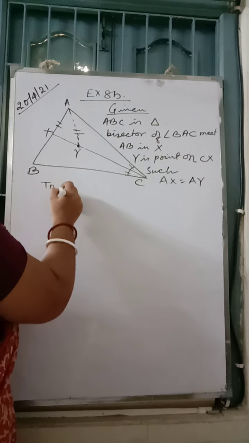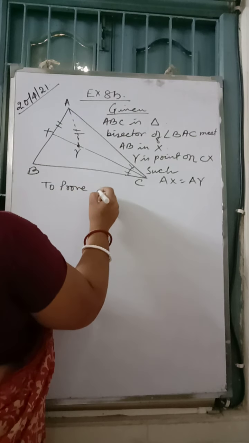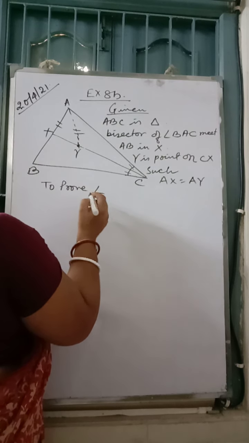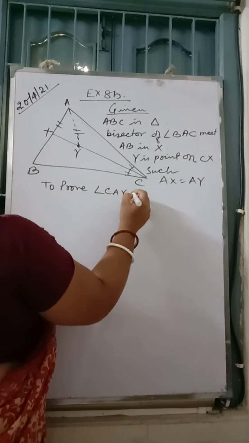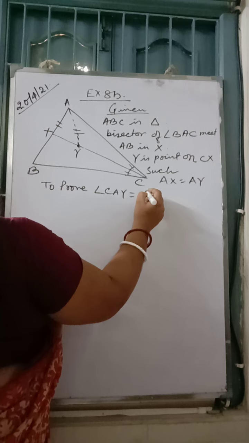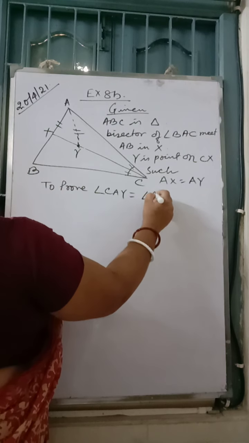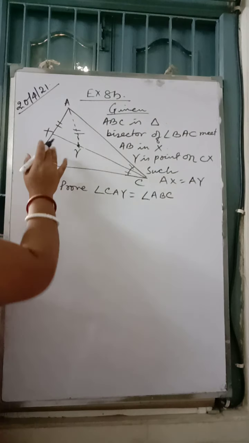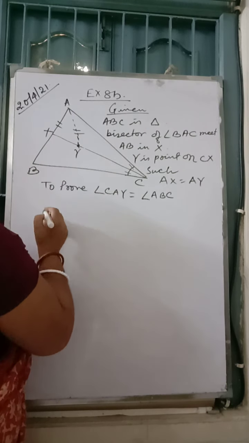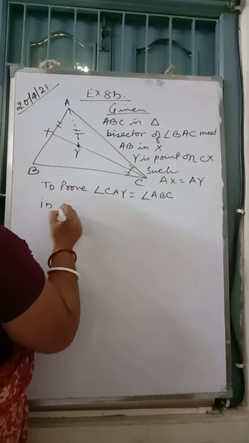To prove: angle CAY is equal to angle ABC.